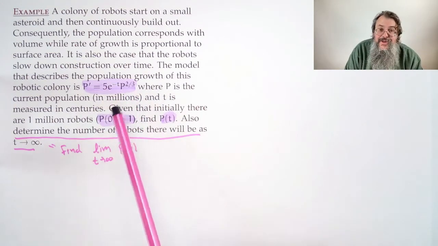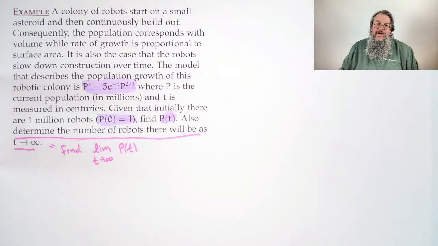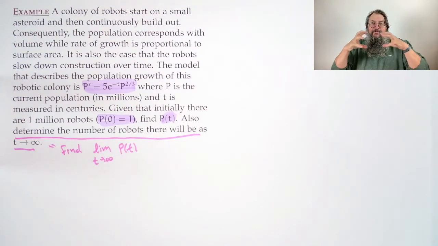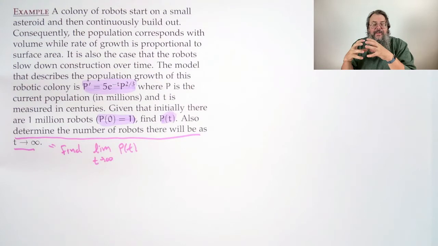Now, P to the 2/3, what's that? Well, if you think about the volume of a sphere, it's like something r cubed, right? 4/3 pi r cubed. So if you take the cube root, you essentially have r. The surface area of a sphere is 4 pi r squared, and so the surface area is r squared.